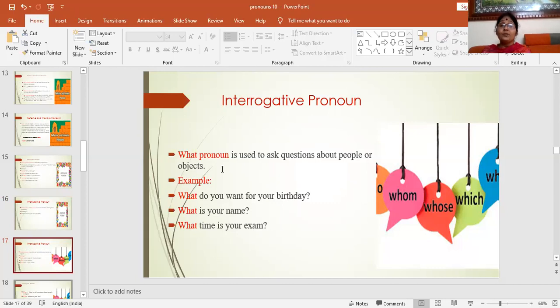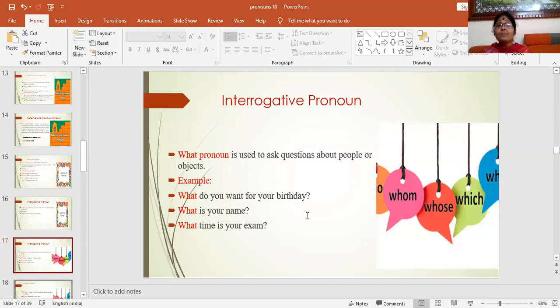The interrogative pronoun what is used to ask questions about people or objects, right? For example, what do you want for your birthday? I'm asking some person. What is your name? What time is your exam? Right?